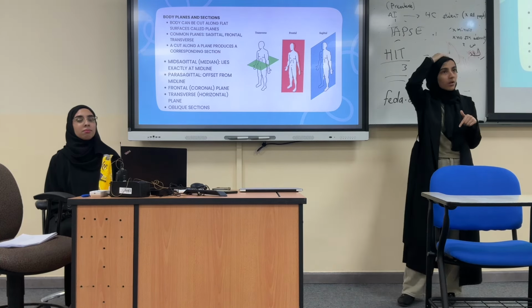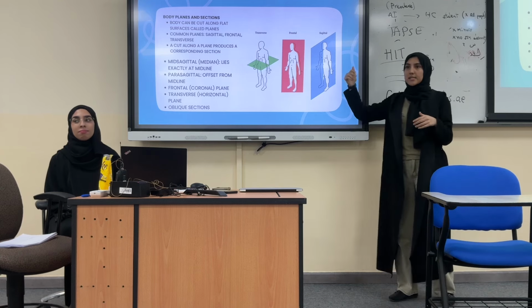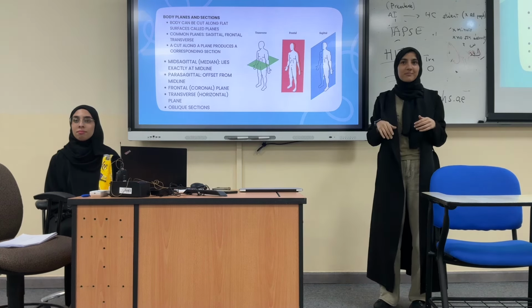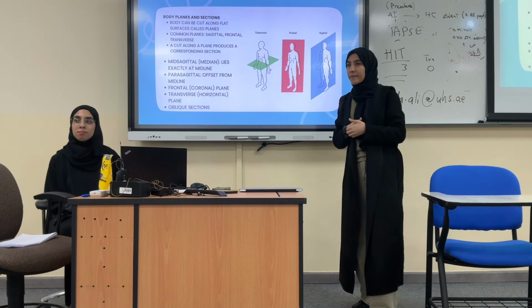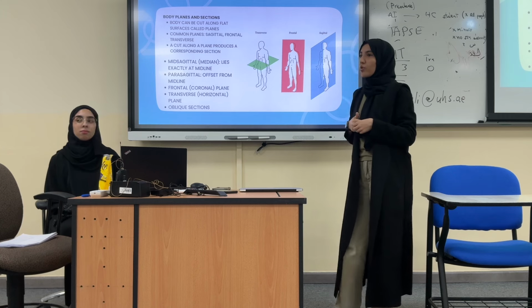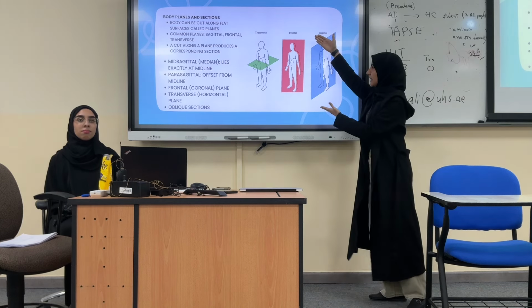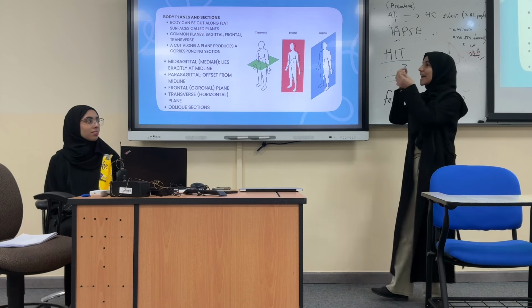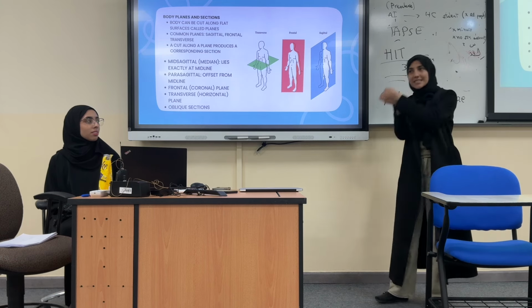Does anyone know? Just point the axis. The median? Like the one at the middle of the body? No, that's the plane that will cut the body into these two parts. But what is the axis of the anterior-posterior?